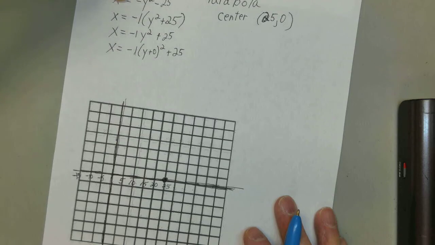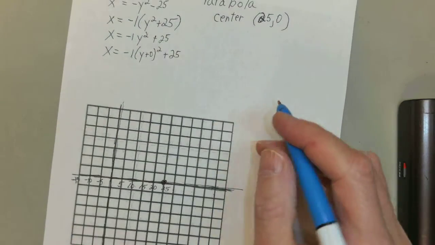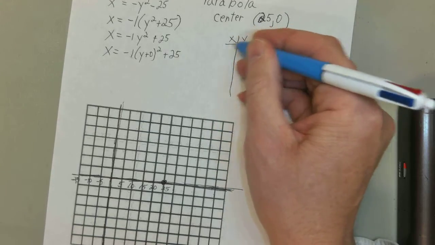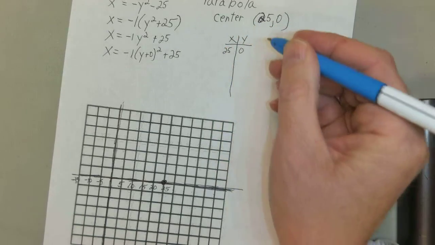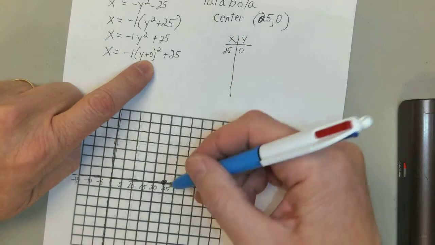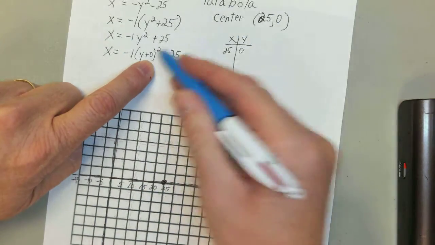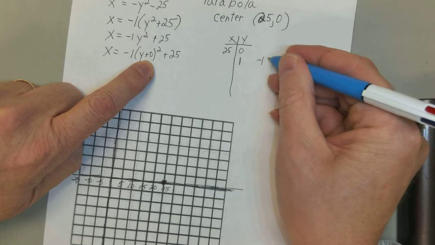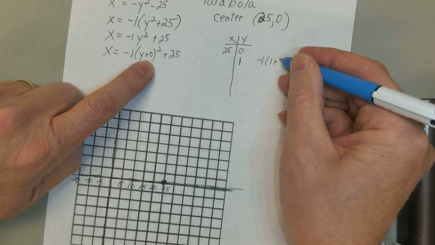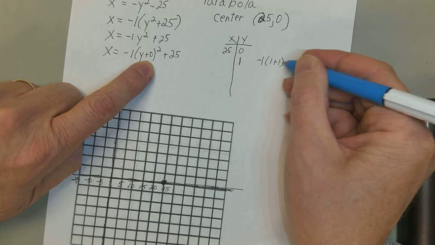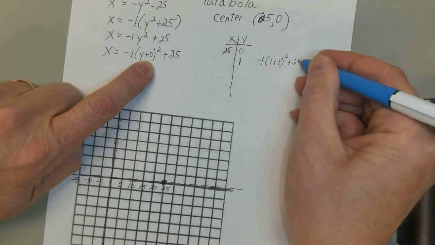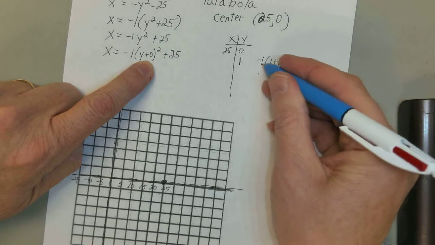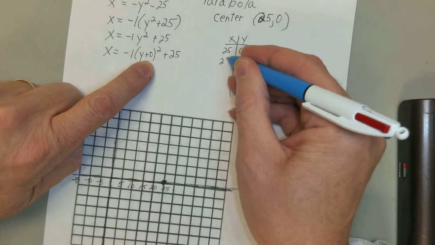Before I do, I want to make a table. X and Y, and I got 25 and 0. How far do I have to go this way to get up to 1? That's -1 times 1 plus 1 squared plus 25, and that's -1 plus 25, which is 24.